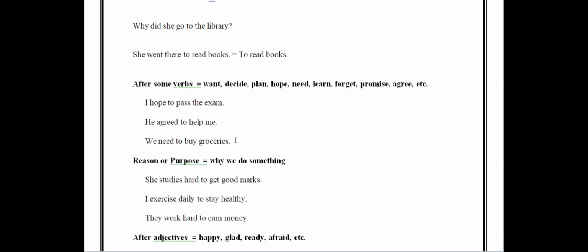We need to buy groceries. So remember the list of verbs: want, decide, plan, hope, need, learn, forget, promise, agree.